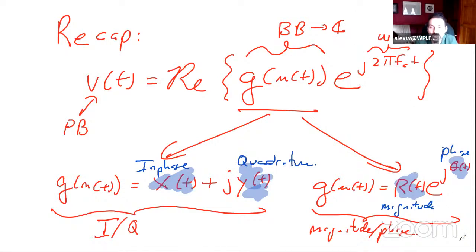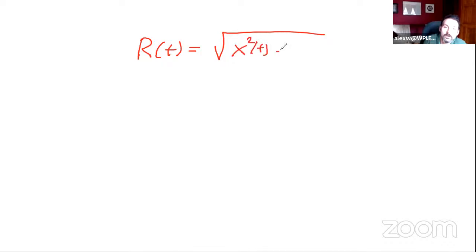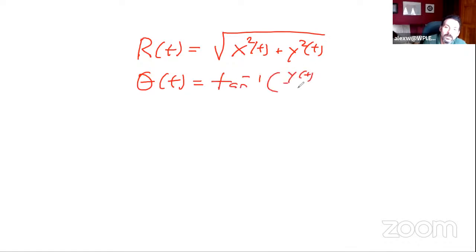Now, there is a relationship between the two. r of t is equal to the magnitude, the square root of x of t squared plus y of t squared, and the phase can be represented by the arctan of y of t over x of t. That's one way of mapping.